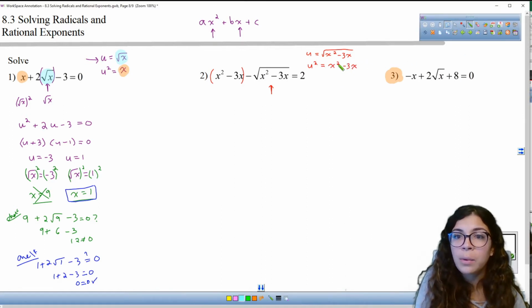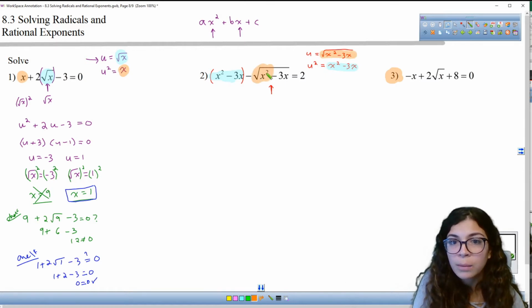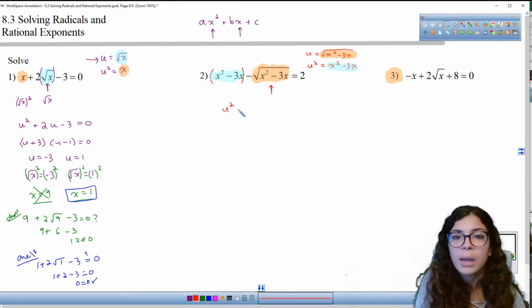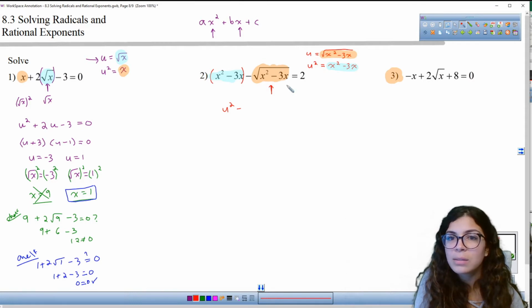So as you can see, we're going to replace the x squared minus 3x with u. And then we will replace the entire square root here with u. So we're going to replace this with u squared, and then minus this with u.